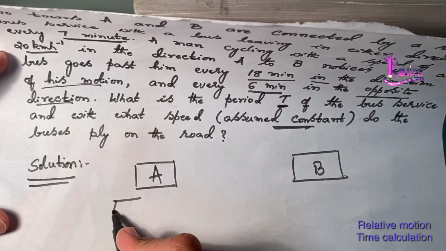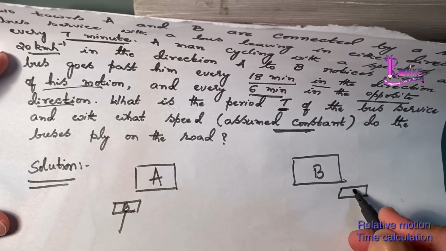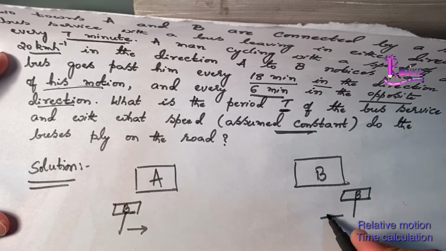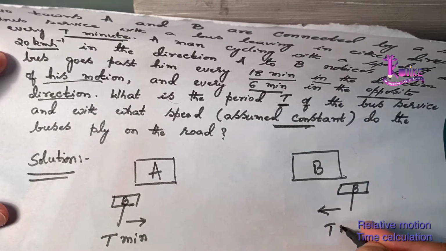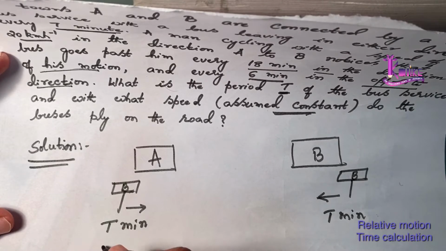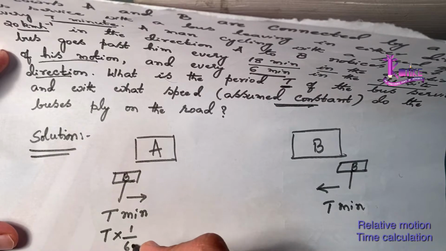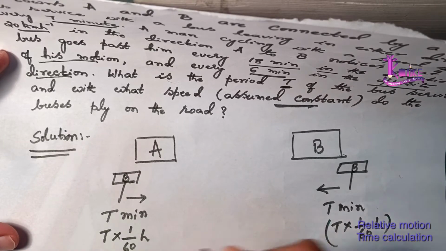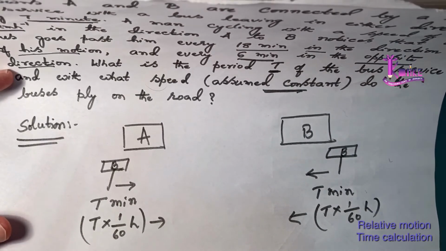Let me say this is the bus stop for town A, and this is the bus stop for town B. So the bus leaves town A, and also leaves town B, every t minutes, right? What do you mean by every t minutes? If I convert this into hours, 1 minute is 1 by 60 hours, so it is t into 1 by 60 hours. So it leaves every t into 1 by 60 hours. This is when the bus leaves, right? This is the information given.